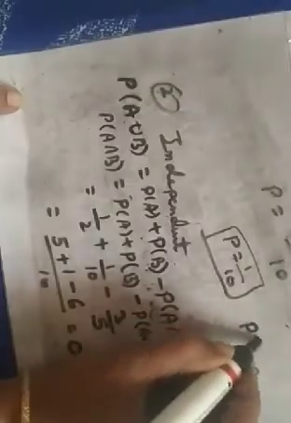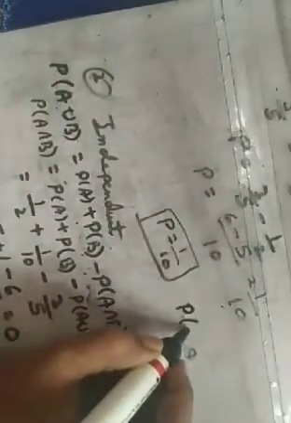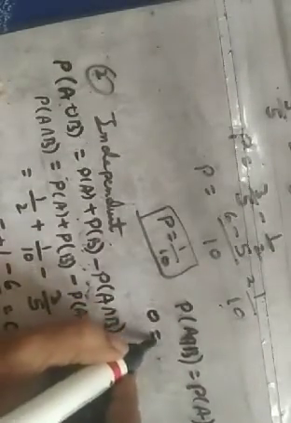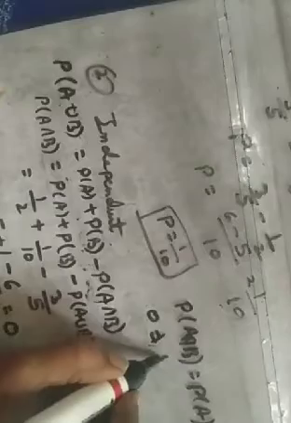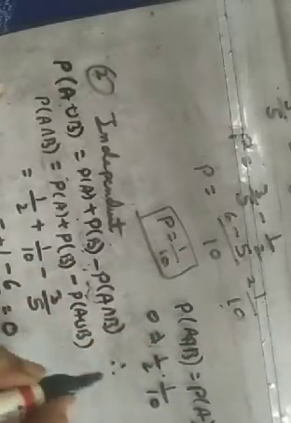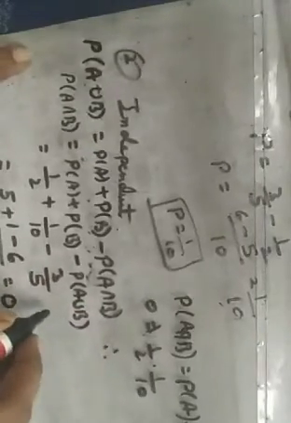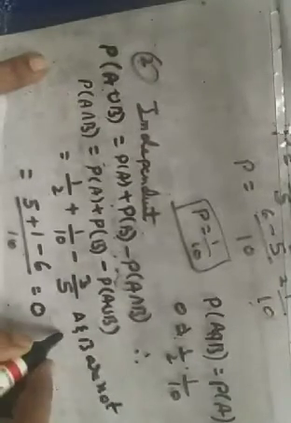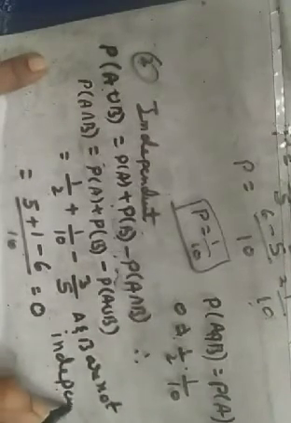So therefore P of A intersection B is not equal to P of A into P of B, where 0 is not equal to 1 by 2 into 1 by 10. Therefore, A and B are not independent. Next let's move to 8th question.